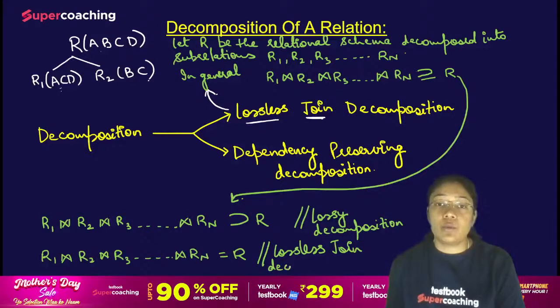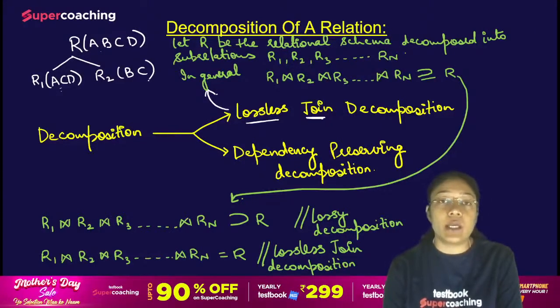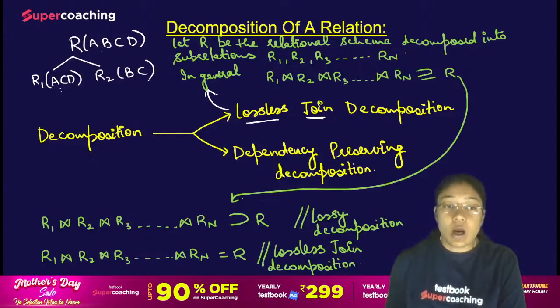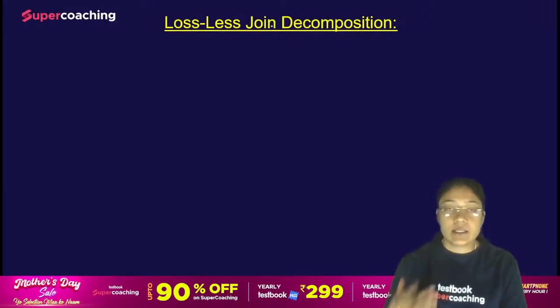Now, in one batch, somebody asked me a question that why we are joining the relations on the basis of the key attribute, or why are we taking common attribute. That time I told you that, guys, I'll be taking a session specifically on decomposition of a relation. At that point of time, I'll give you the reason. So that's the time. So lossless join decomposition के लिए, let us consider one example.